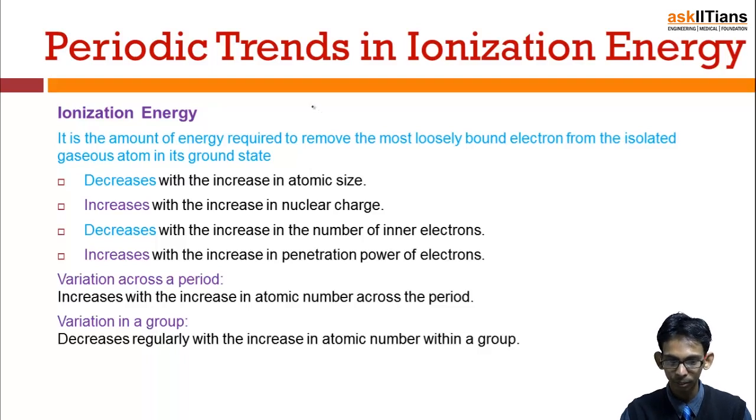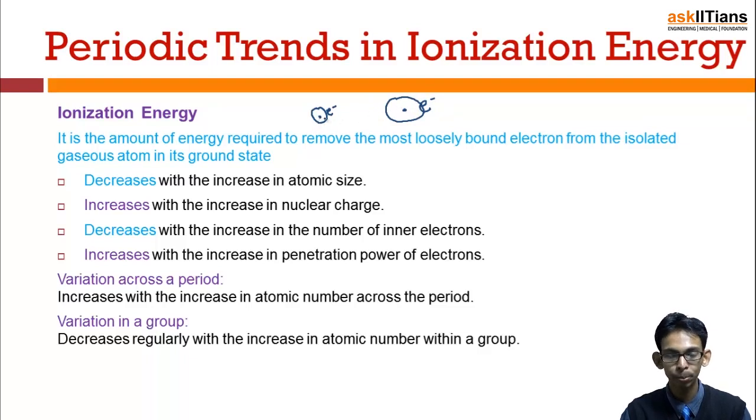Let's say this is an atom, this is the nucleus, and an electron is present here. Another atom, let's say of larger size, has an electron present here. Now we know that it is easier to remove this electron from this atom as compared to this atom. Why?